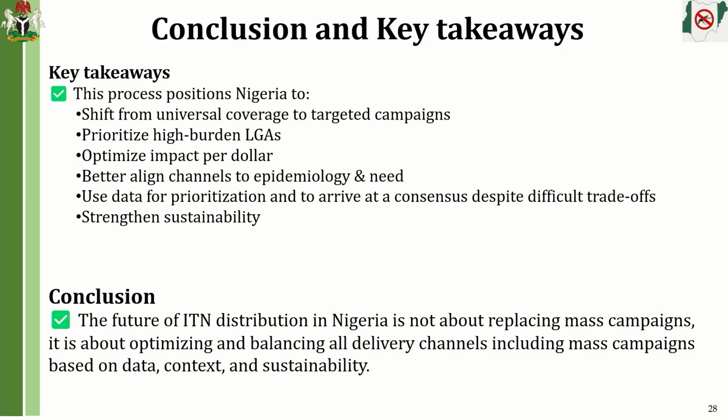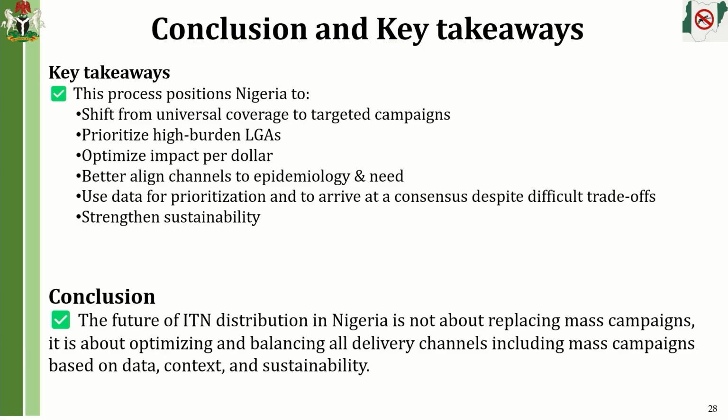So in conclusion, key takeaway, we're shifting away from universal coverage to targeted campaigns, prioritize high burden LGAs, optimize impact per dollar, better align channels to epidemiology and need, use data for reprioritization to arrive at a consensus despite some difficult trade-offs that might be needed, and strengthen sustainability.